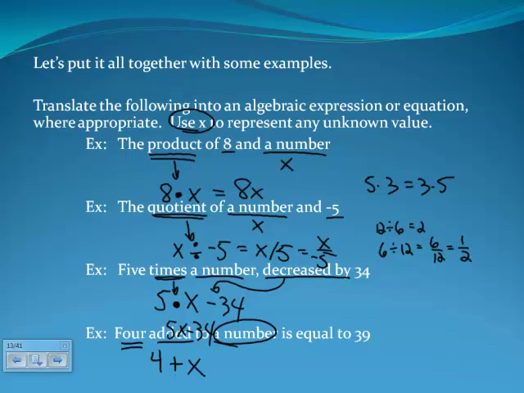Again, that's our variable, x, is equal to. Now this is different from the previous problems because this actually is an equation. Equal to is a pretty straightforward key phrase for equals. And what's it equal to? It's equal to 39. So 4 added to a number is equal to 39.